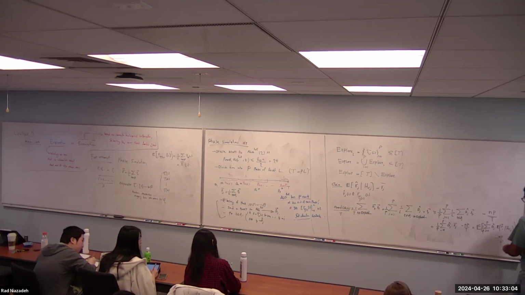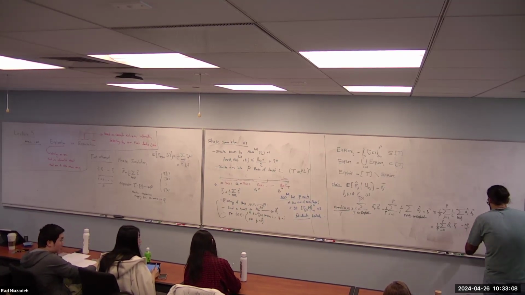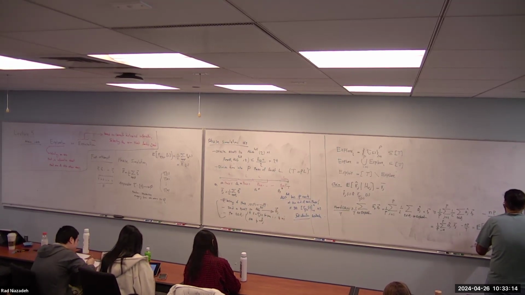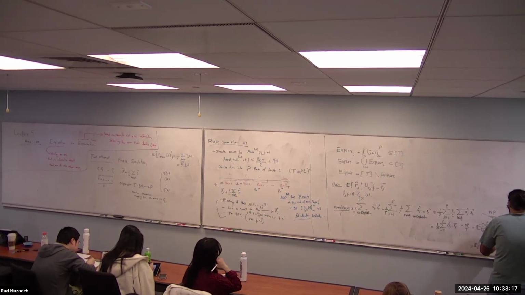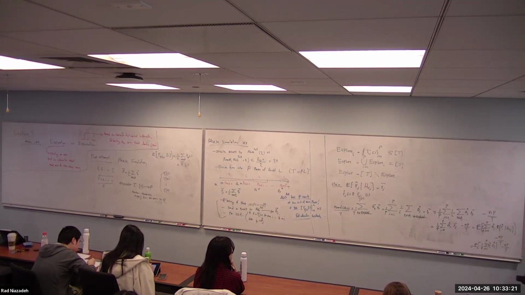And then I can just remove all these expectations and put everything here. So it's going to be the expectation of 1 over P, summation J from 1 to P, AJ hat times RJ hat, minus NP divided by T. It's pretty simple.